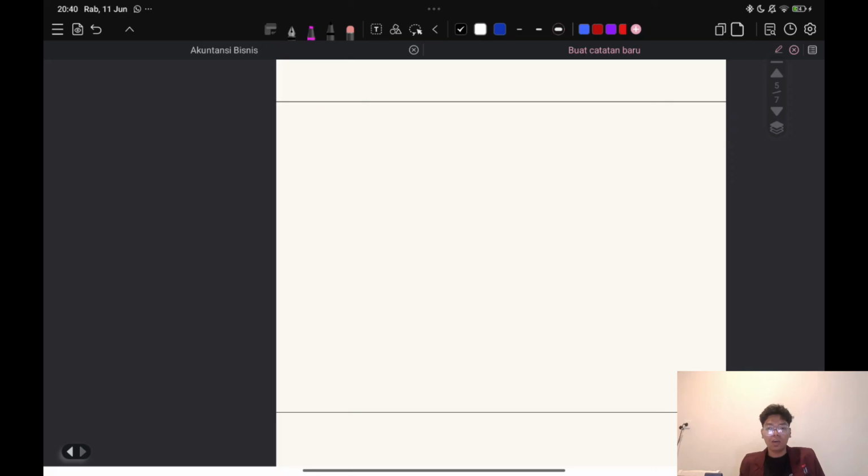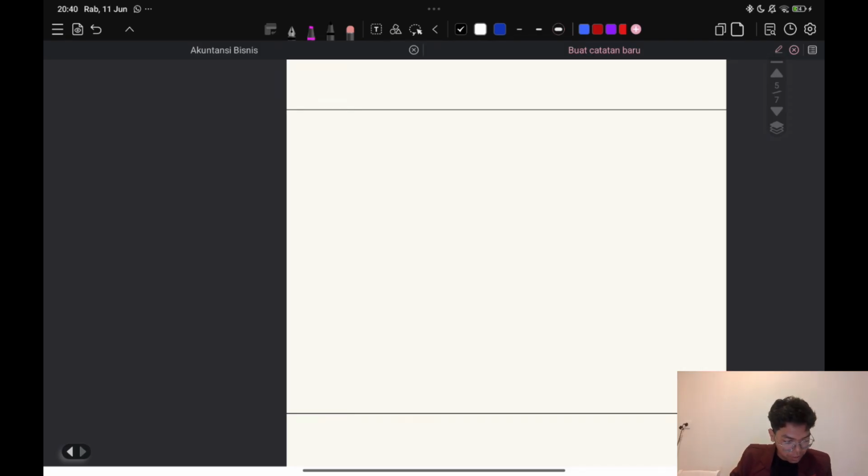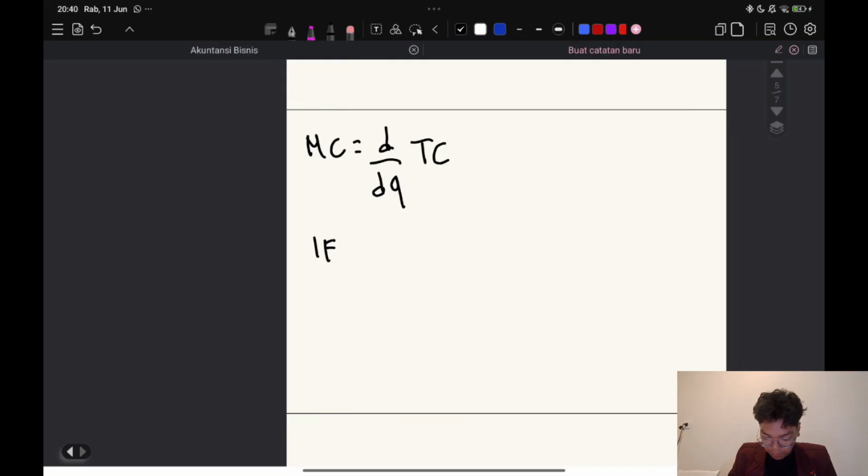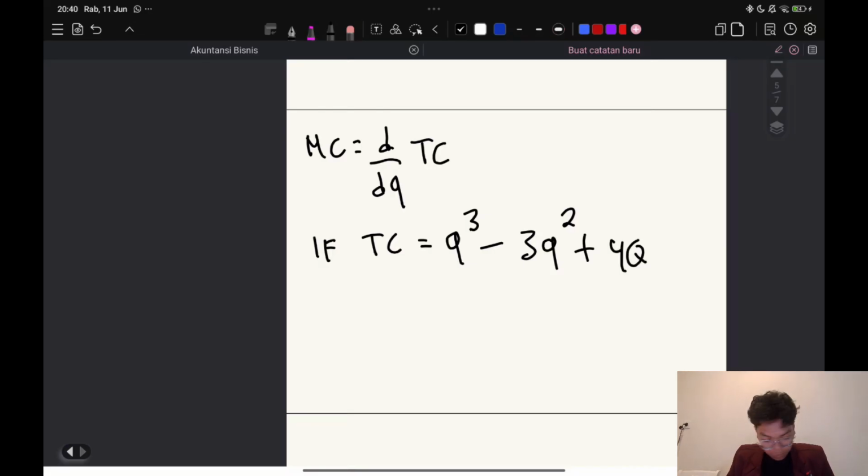Okay, next I want to explain the example. The formula of marginal cost is marginal cost equals d per dQ times total cost, and the example: if total cost equals Q power 3 minus 3Q power 2 plus 4Q plus 4.